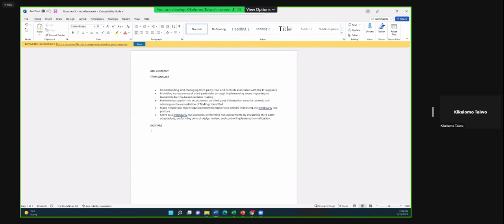Probably your role might just be, I like to make sure that if I'm doing 2 roles, one should be third party risk analyst, the other one should be, let's say, third party security risk. I like to put the word security in one.